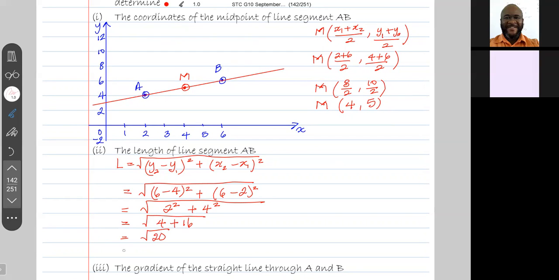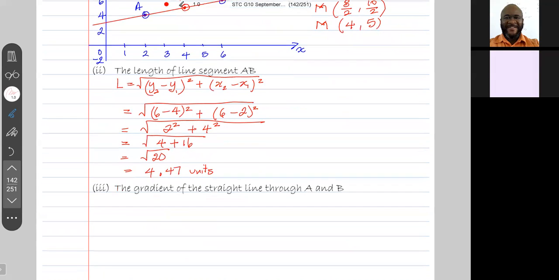So the length of the line is 4.47 units. Now, if you had drawn this line AB on a graph sheet and measured it, the length of the line would have been 4.47 centimeters.